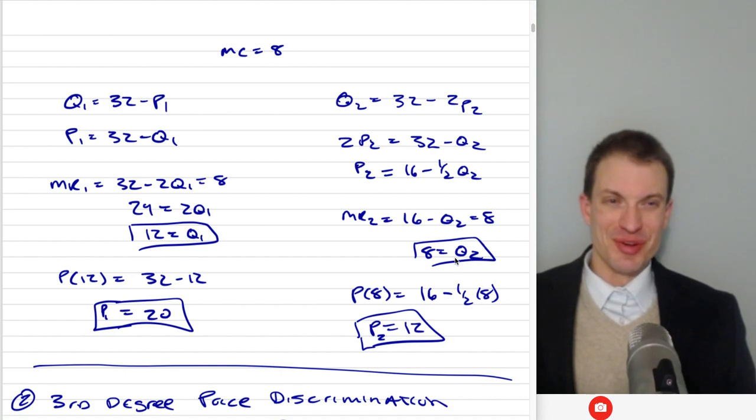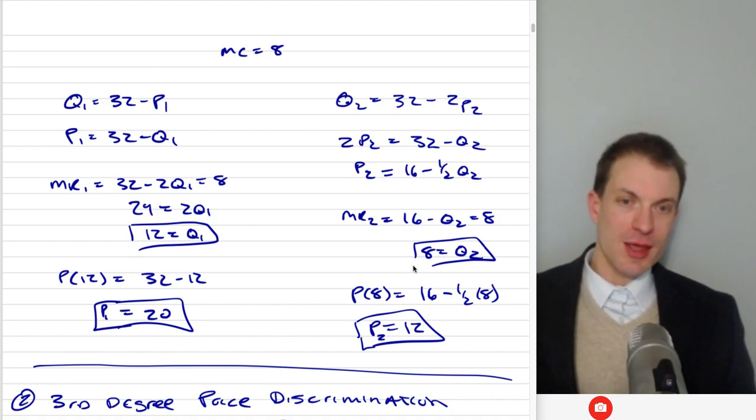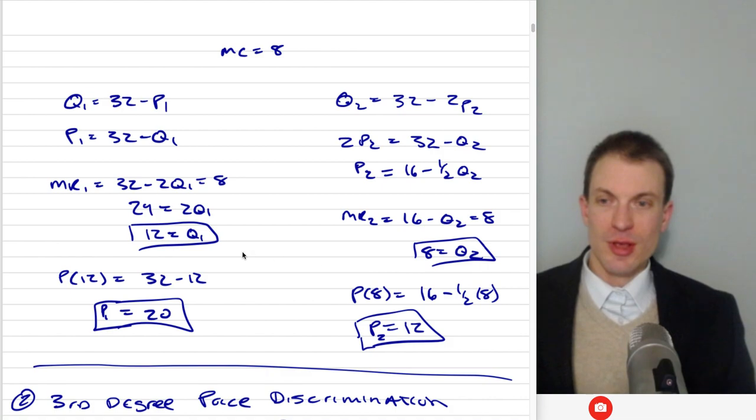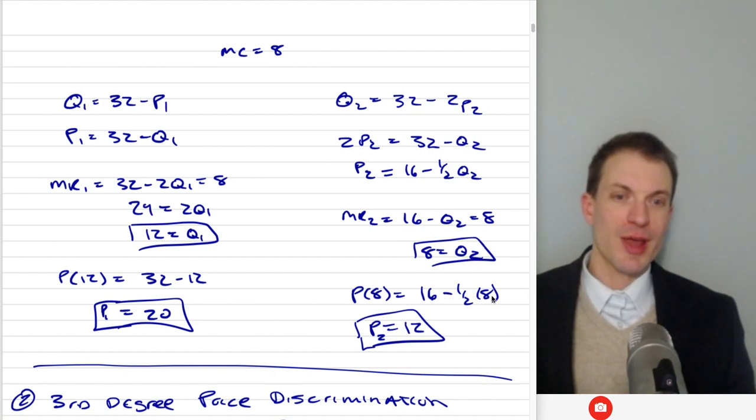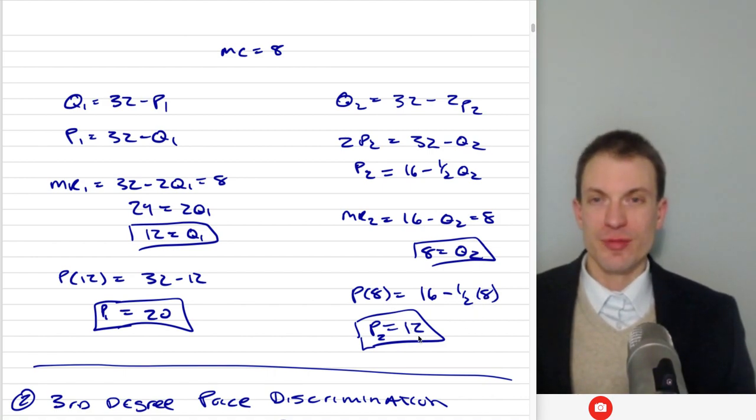And then solving really quick, obviously, we'll sell 8 units in segment 2. So I'm going to sell a total of 20 units. 12 of them are going to go to market segment 1. 8 are going to go to market segment 2. The ones in market segment 1, I'm going to charge a price of 20. The ones in market segment 2, I'm going to charge a price of 12, right? 16 minus 1/2 times 8. So 16 minus 4 is my 12.